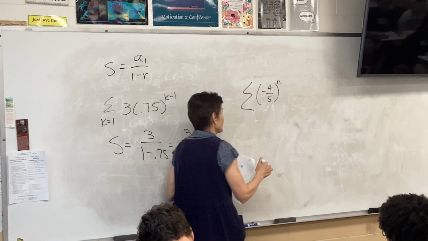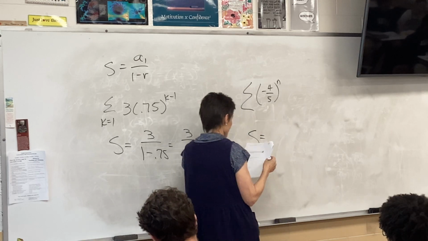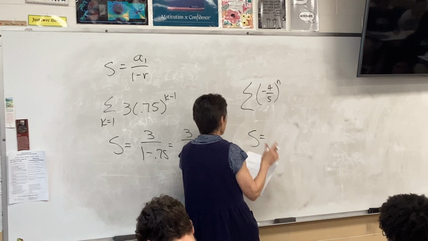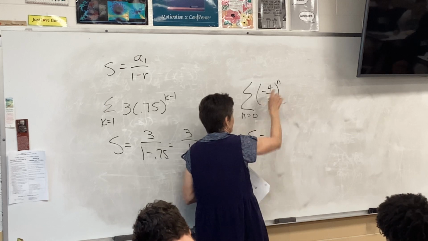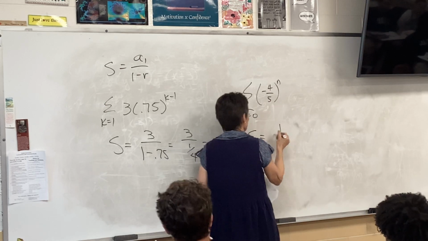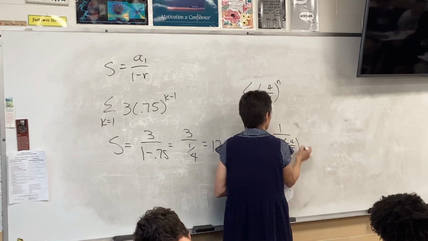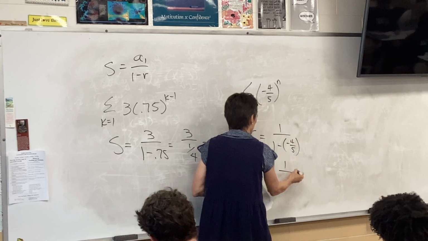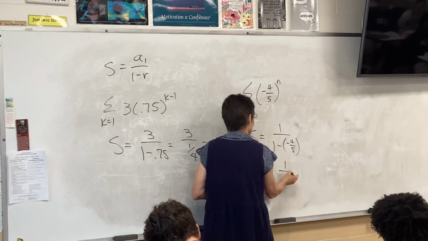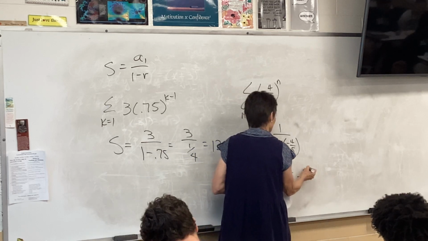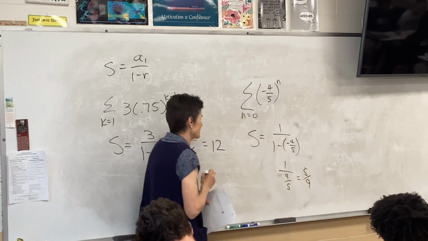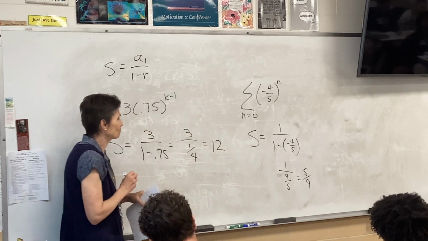So it's addable. This sum is going to be the first term, and this time we're starting with n equals 0. So what's the first term? 1 over 1 minus the ratio, which is -4/5. So that's 1 over 9/5. I got 5/9. Double check my arithmetic. I think that's right.